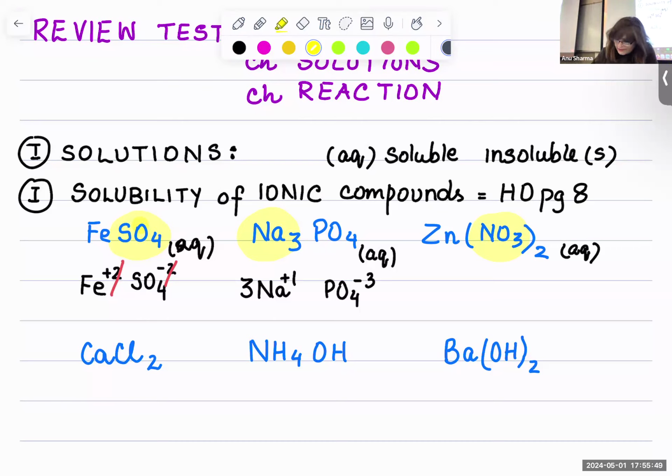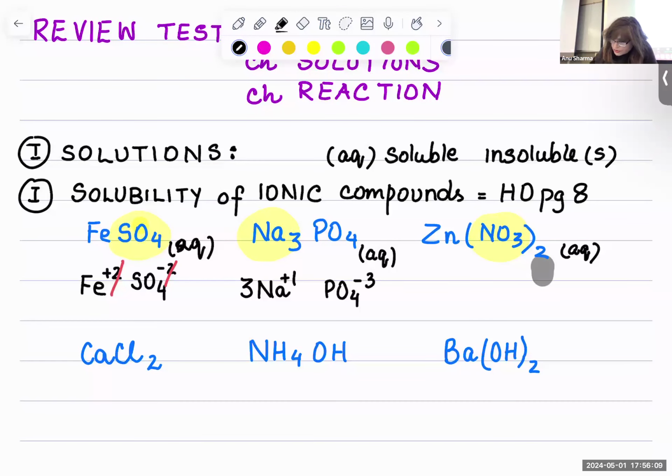Zinc nitrate, soluble, right? For charges, how many zincs are there? 1 zinc. What's the charge on zinc? +2.